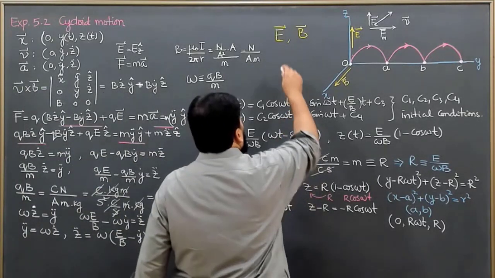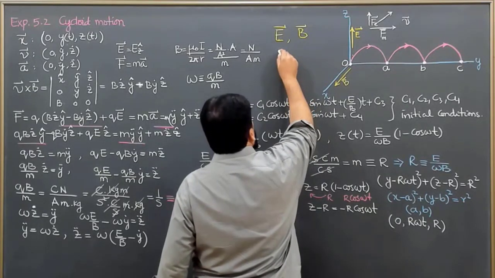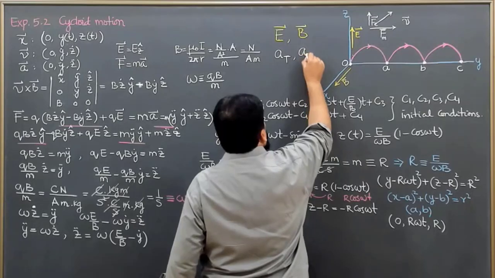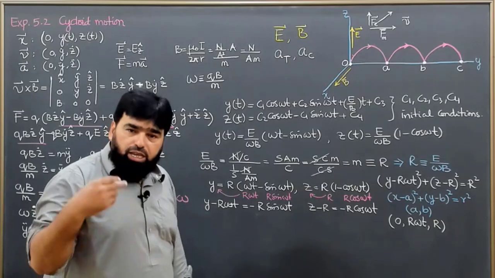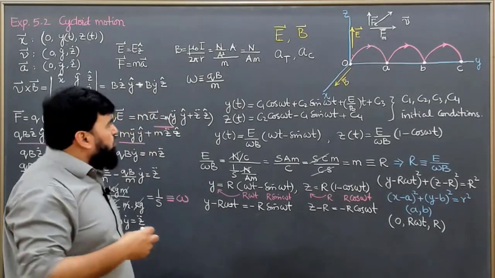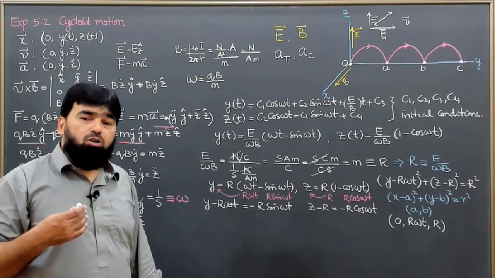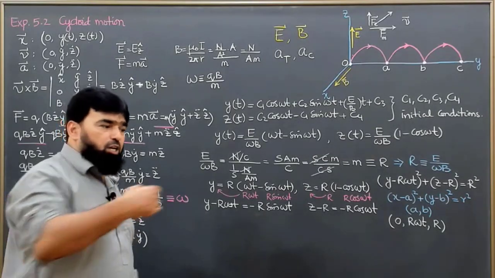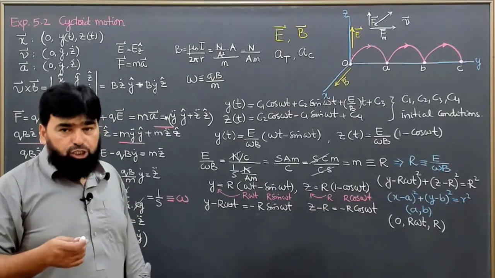Basically, acceleration has two components. One is the tangential acceleration, and one is the centripetal acceleration. Tangential acceleration causes a change in speed, while the centripetal acceleration only turns the particle towards the center and does not change the speed.